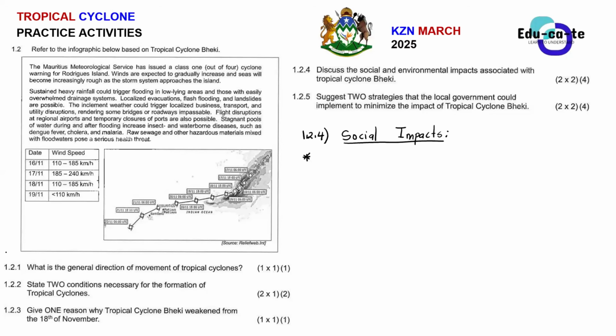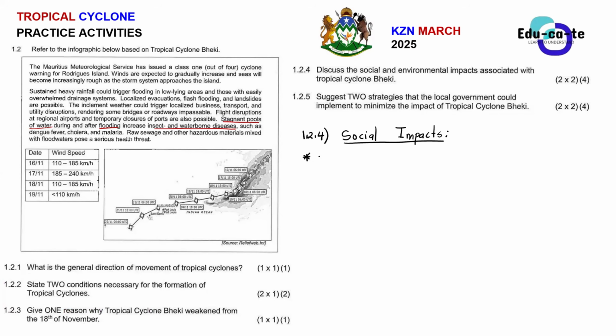Yes, so basically the floods actually resulted, okay? According to this instance, we've already been told that there was flooding. They say that stagnant pools of water during and after flooding increase insect and waterborne diseases. Okay, so these are the effects already.